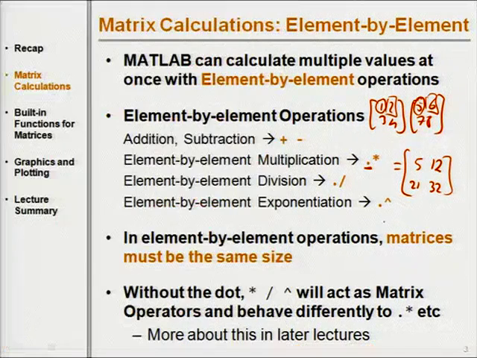The same works when you want to do division. If you recall, in normal matrix terms, there's no such thing as division. There's only inverse. However, here what we are doing is element by element division. So once again, we use the dot operator. And exponentiation is effectively the same as multiplication, because x squared is the same as x multiplied by x.